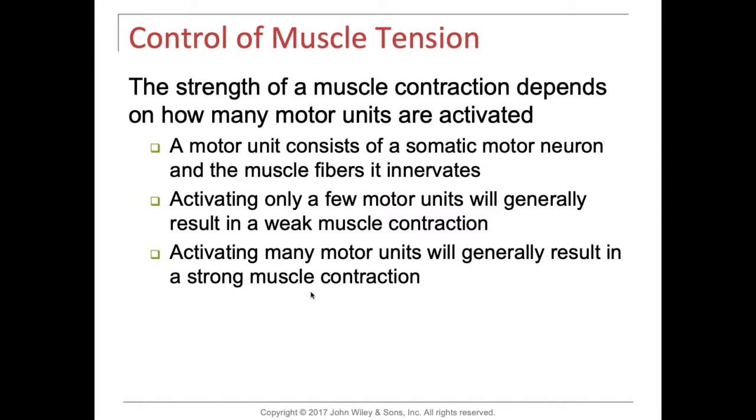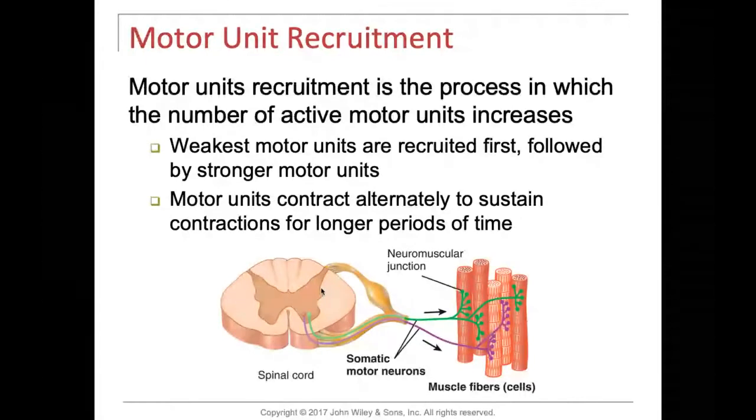But when you're lifting something heavy and you have to overexert, many motor units activate. Activating only a few motor units will generally result in a weak muscle contraction. When you activate many, it will be a stronger muscle contraction. Here is a motor unit that we're looking at. Here we can see the spinal cord, and now you have somatic motor neurons going to the end plate of the muscle.